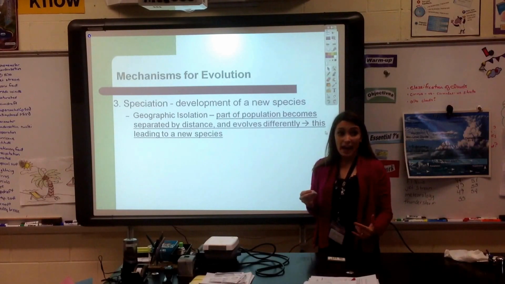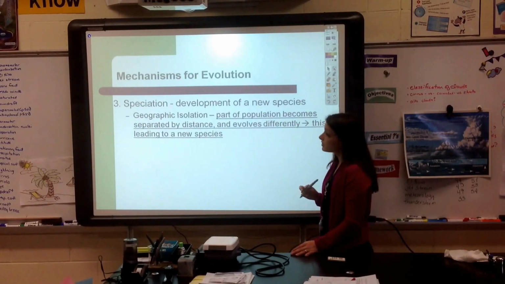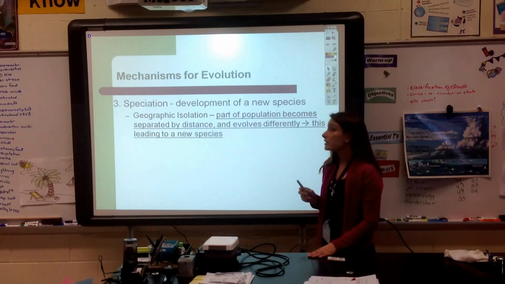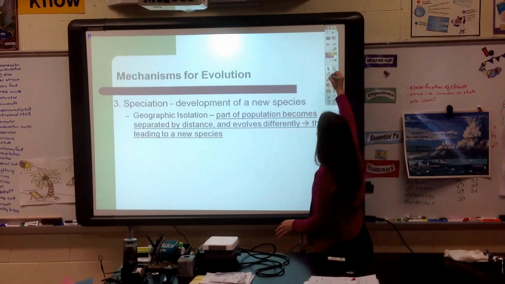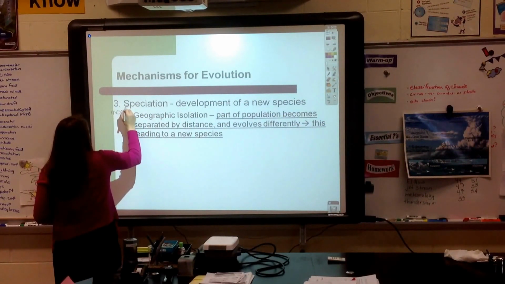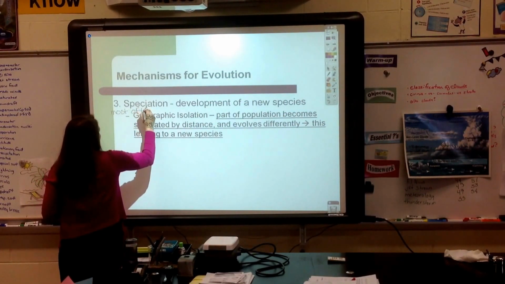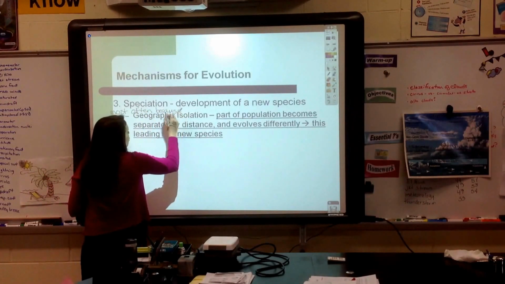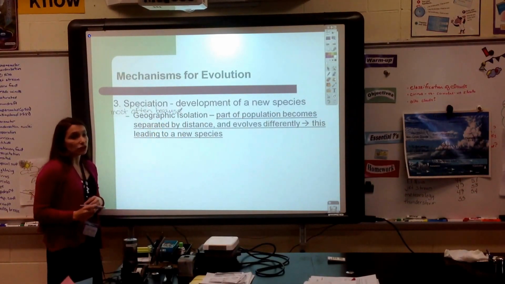The third how about evolution is called speciation. It's the development of a new species. And it's usually, so we want to add in here, most often because of geographic isolation.